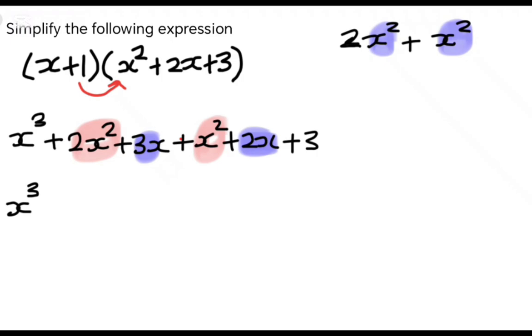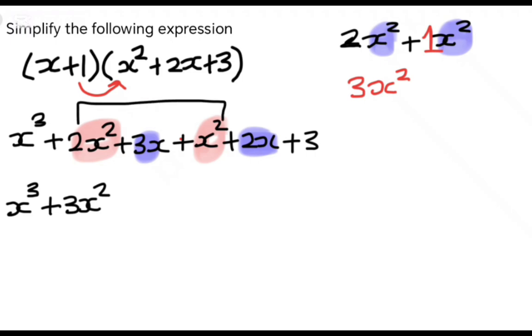We're dealing with the coefficients. There's an invisible 1 here, so we take this 2 and add it with 1, which gives us 3. We keep the x squared the same. So here we're going to have plus 3x squared when we add these two like terms.